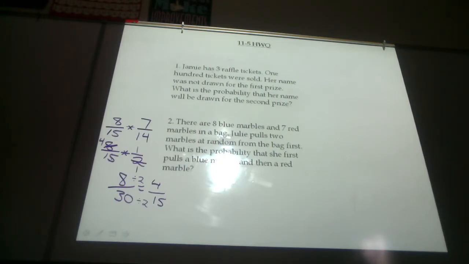4 by 15. Probably the easiest way, right? Okay, so can someone pull out a calculator and do 4 divided by 15? And the 6 repeating?